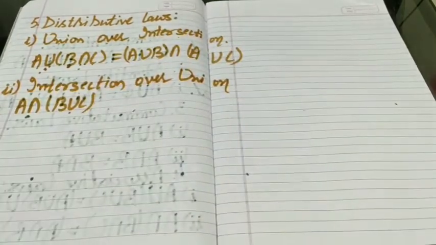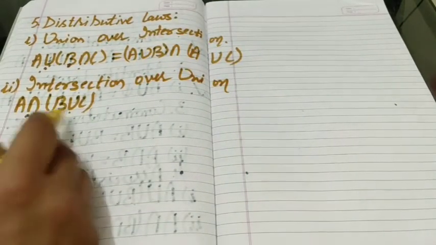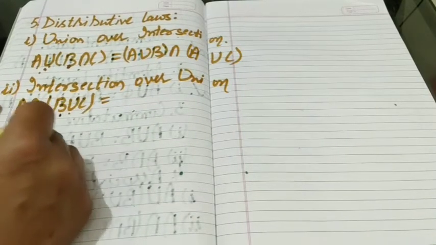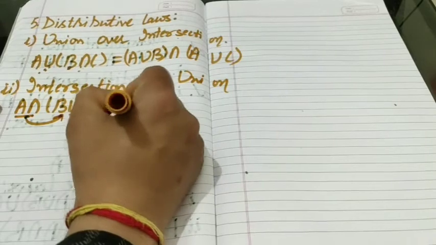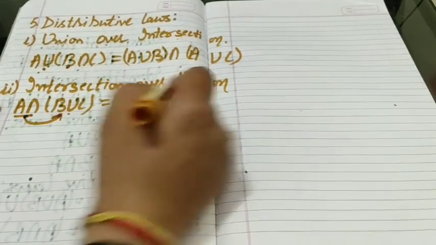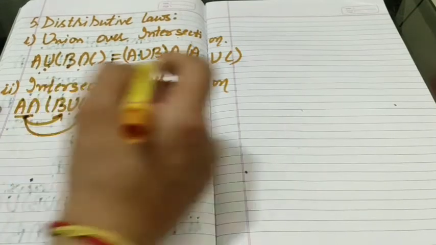According to this, A intersection (B union C) is equal to (A intersection B) union (A intersection C).